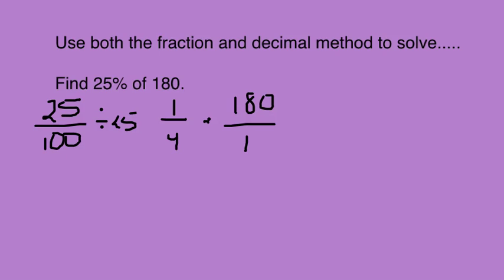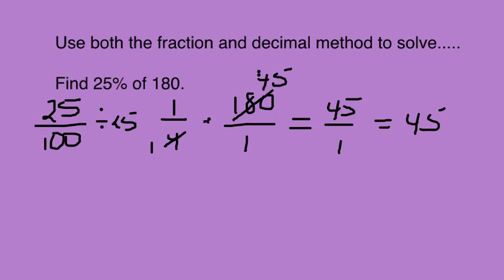Now I need to think how many times 4 will go into 180. 4 will go into 180 45 times. So when I multiply across, I'm going to get 45 over 1, or 45.